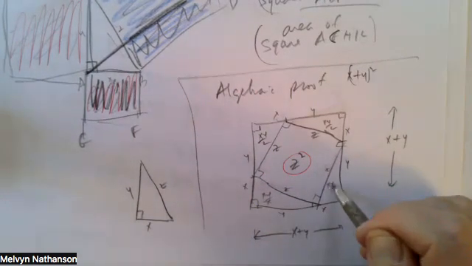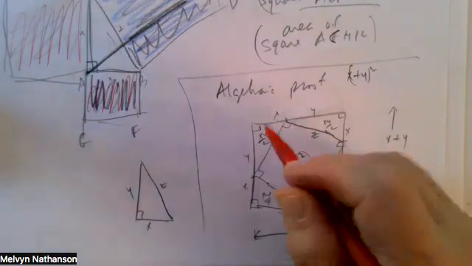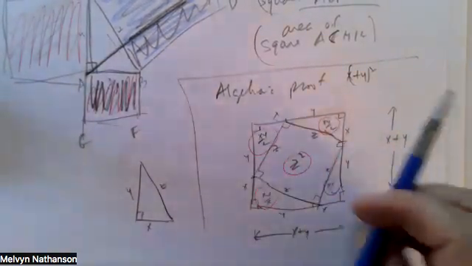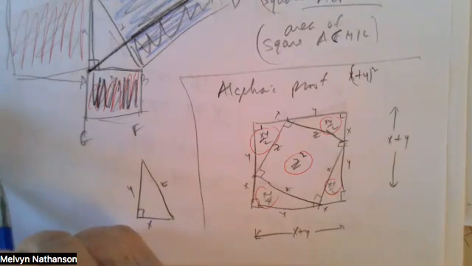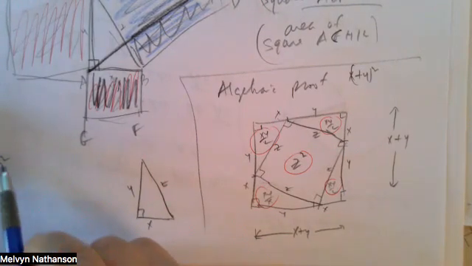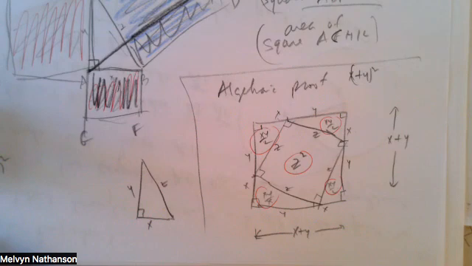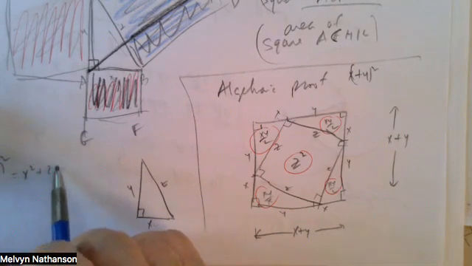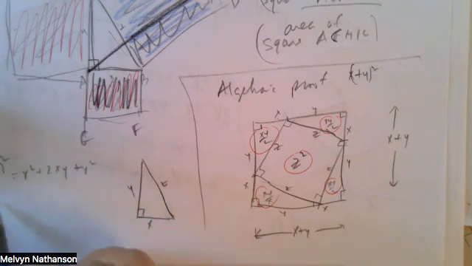Half the base times the height. So the total area, X plus Y squared, which is X squared plus 2XY plus Y squared.